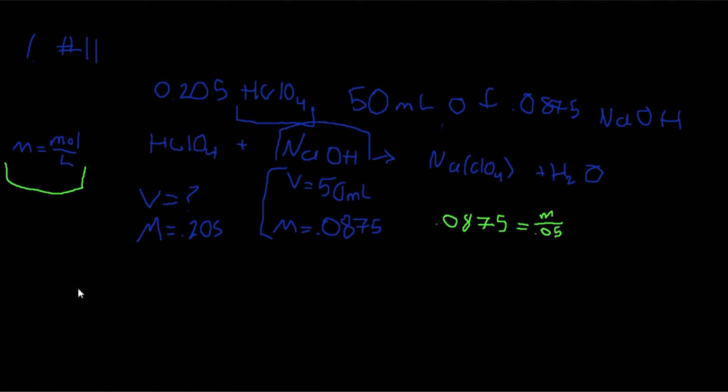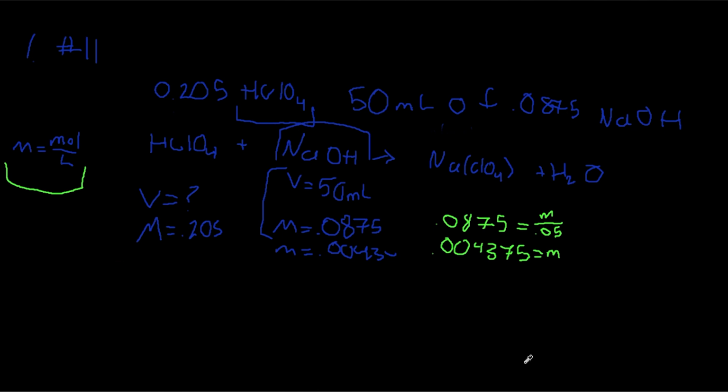So we get 0.0875 times 0.05, which is 0.004375. Actually, 0.04375 equals moles, so that means little m equals 0.04375.